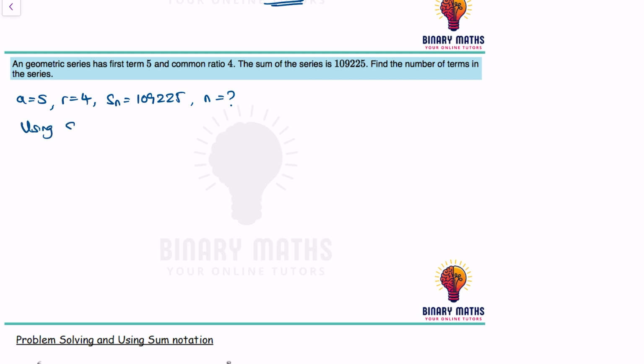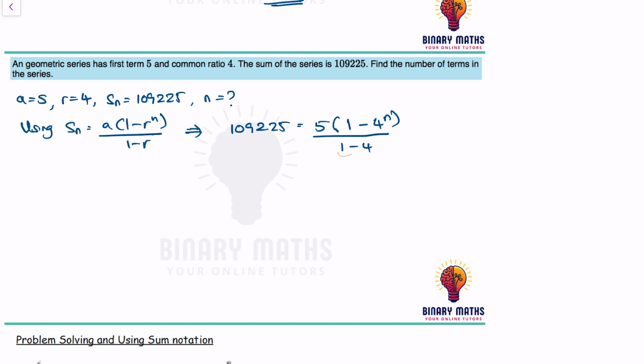Using Sn is equal to a times 1 minus r to the power of n over 1 minus r, then I know 109,225 is equal to 5 times 1 minus 4 to the power of n all over 1 minus 4.